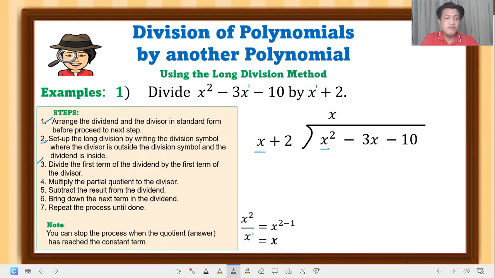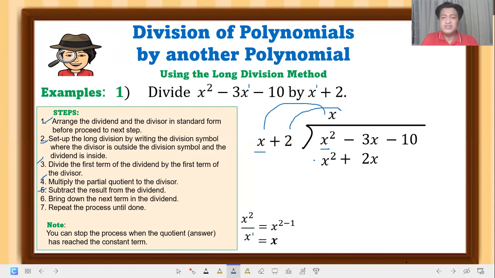Then, after you do the division of the first term, you have to multiply the partial quotient to the divisor. Okay, meaning to say, i-multiply po natin si x times x. And what is the product of that? That is x squared. Tapos dito rin, x times 2, that is simply 2x. Okay, after we do the multiplication, isu-subtract na natin yung result from the dividend.